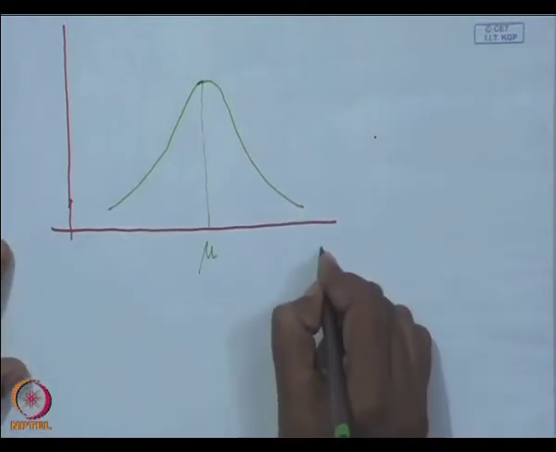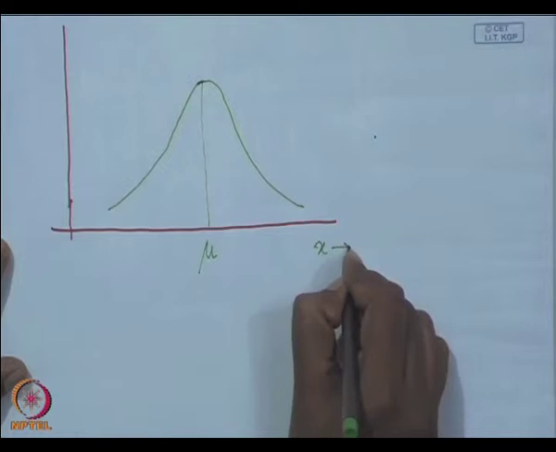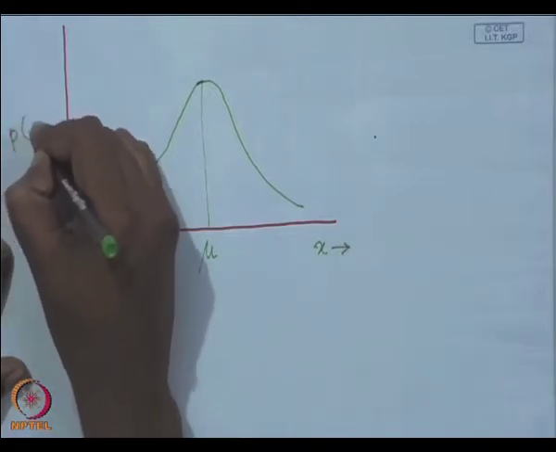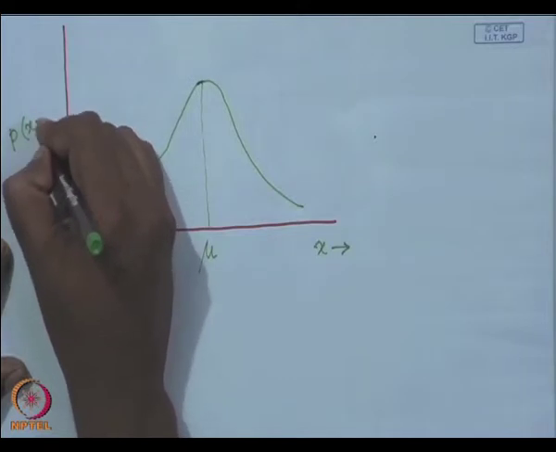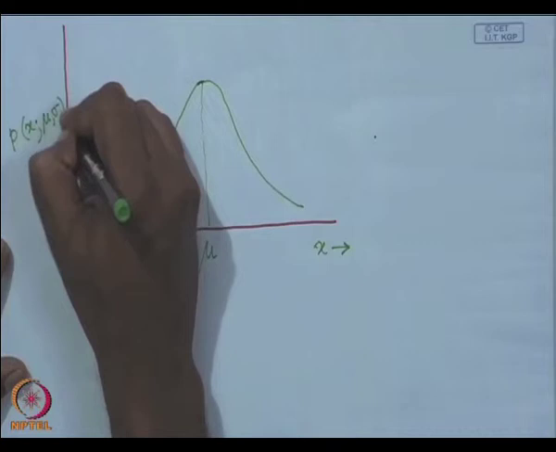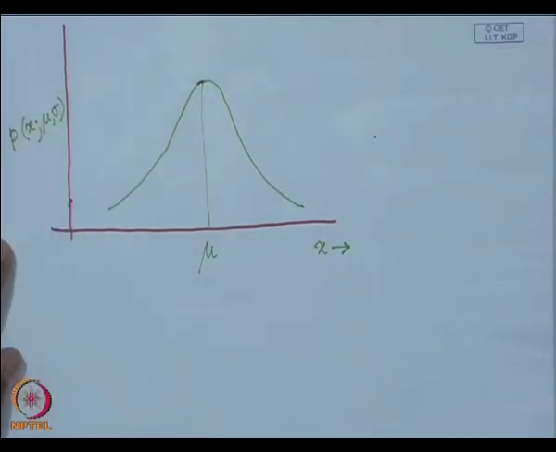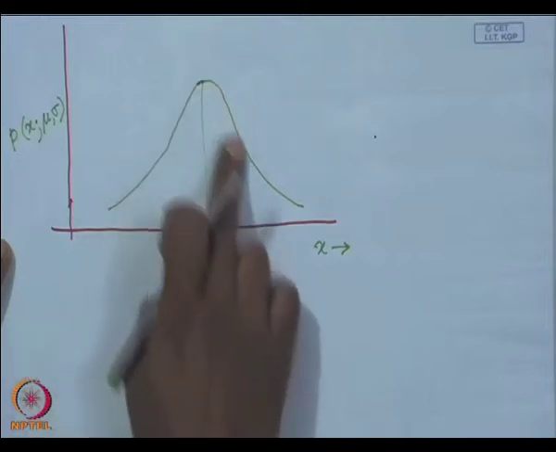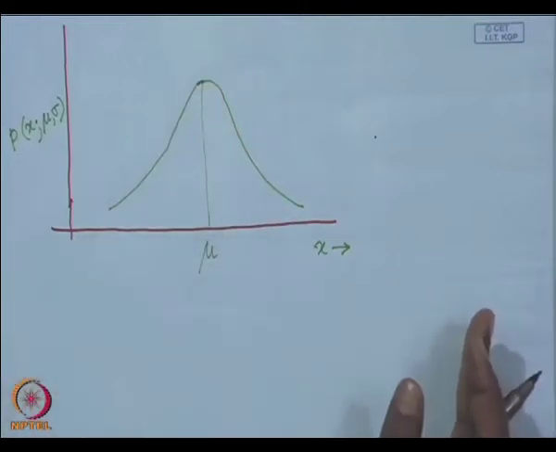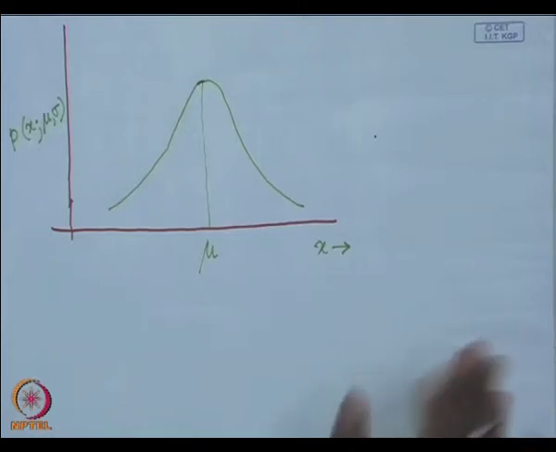This axis represents variable x, and this axis represents P of x, for which I know mu and sigma. You find that this is a continuous curve, and for this I have a well known analytical expression, which is nothing but the Gaussian expression.